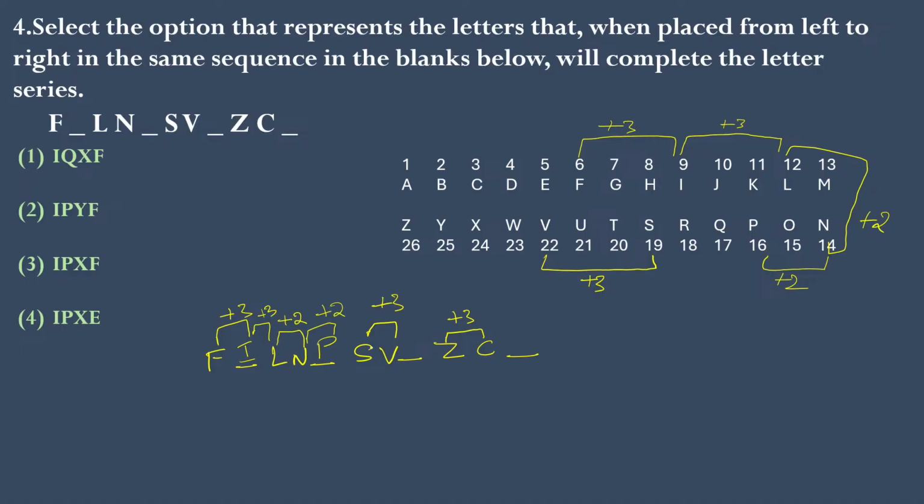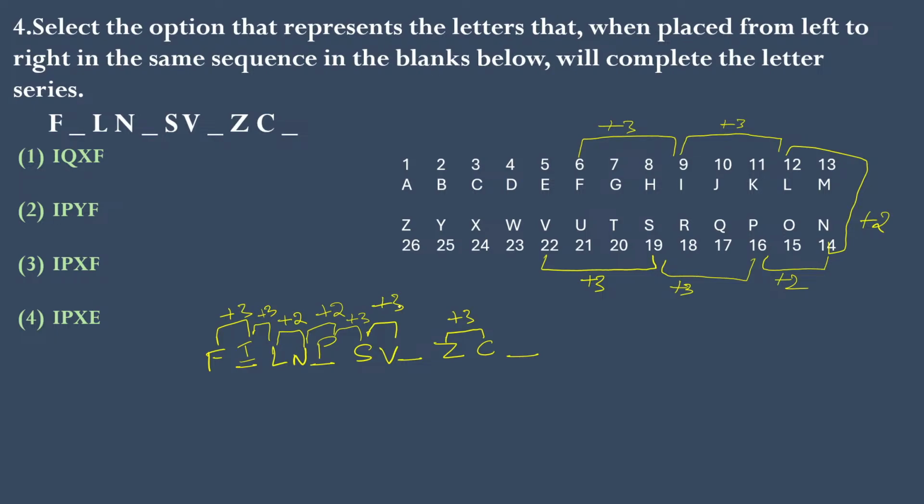And P to S, here we have plus 3. P to S we have plus 3, and here plus 3, plus 3, plus 2, plus 2, plus 3, plus 3.